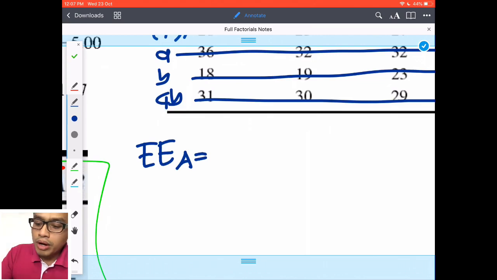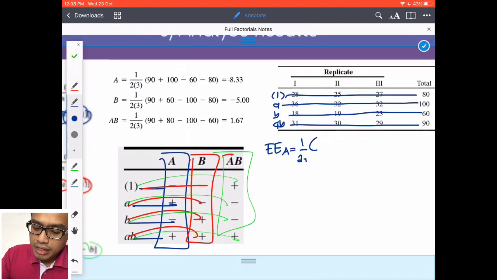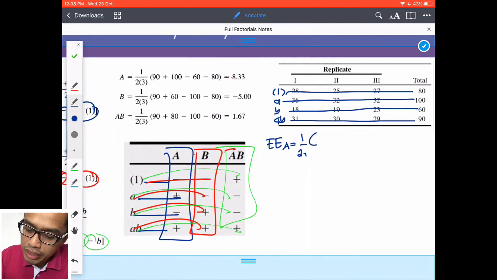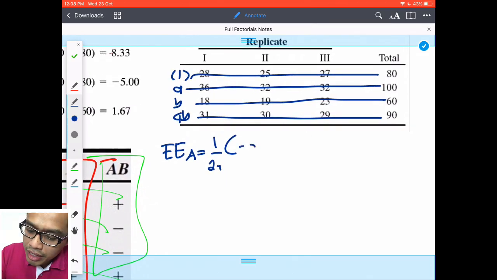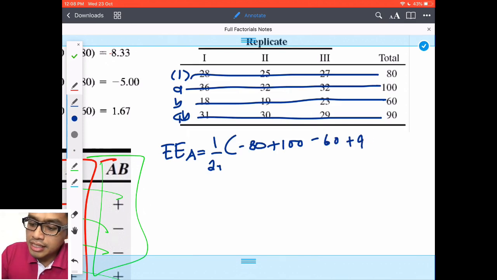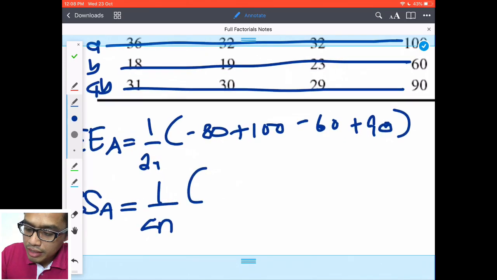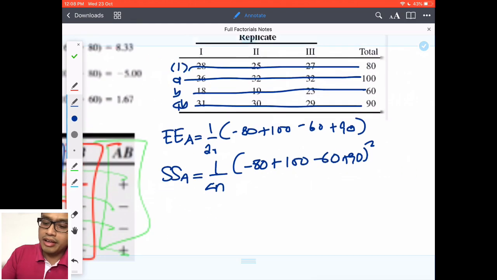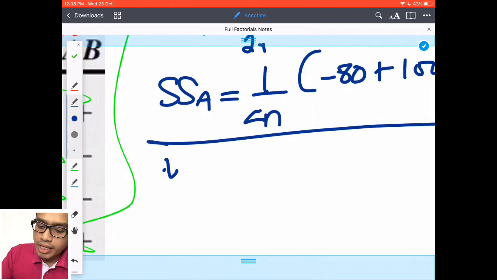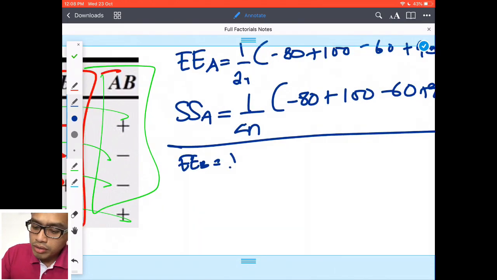So if I take A, 1 over 2n in the bracket. Here bracket 1 is negative. So you get negative 80, positive 100, negative 60 plus 90. For SSA it is 1 over 4n, negative 80 plus 100, negative 60 plus 90, squared. For B, 1 over 2n.